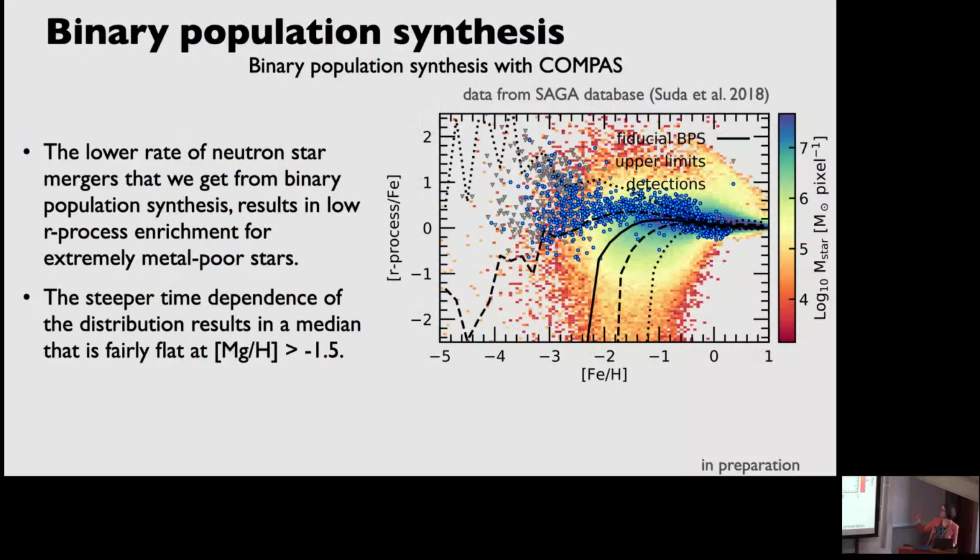So all these extremely low metallicity stars form at redshift 4 and higher. This is when the universe is about 1 billion years old. So we needed the gas to come back efficiently, within a short enough amount of time, in order to enrich enough of the extremely metal-poor gas with r-process elements.